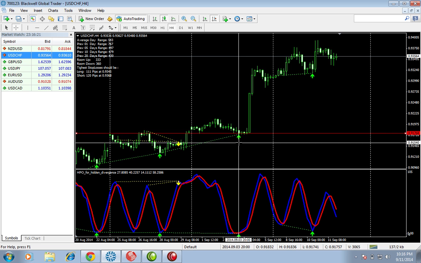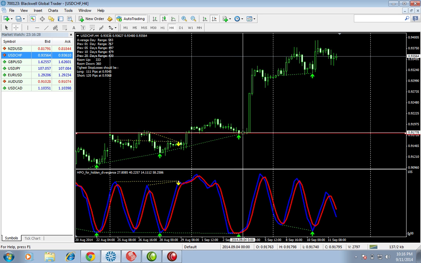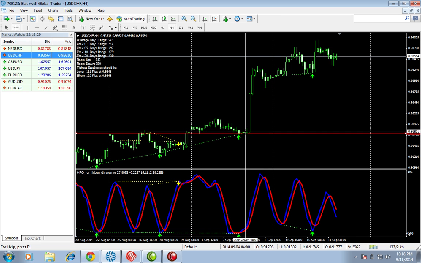So once you see any rejection, to me, here at the close of that candle would be my buy. I would look at what this is saying, and then I'll take my buy order. My TP should be whatever value I see here, and my stop loss would be half of that. And you see this happening.